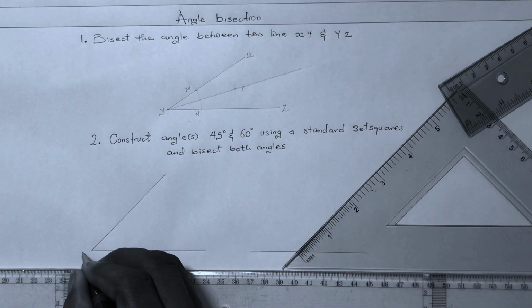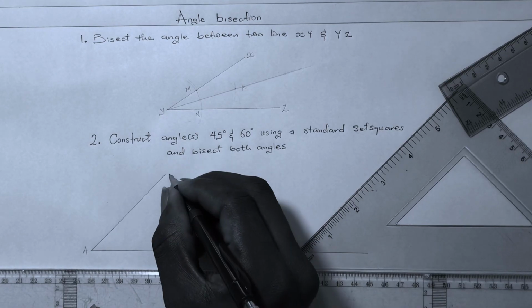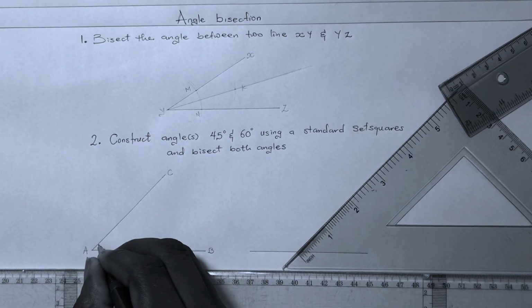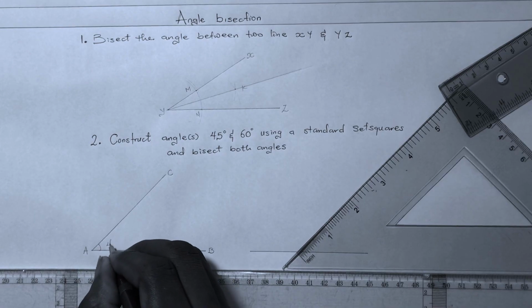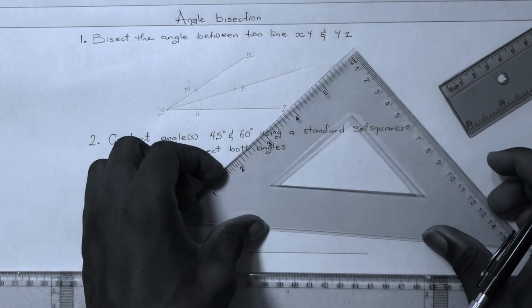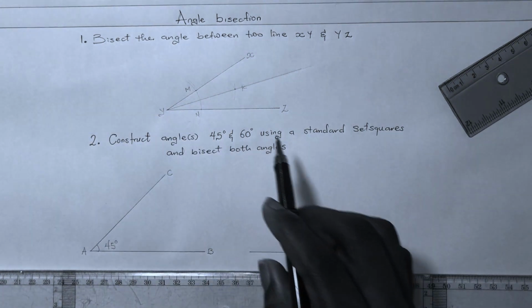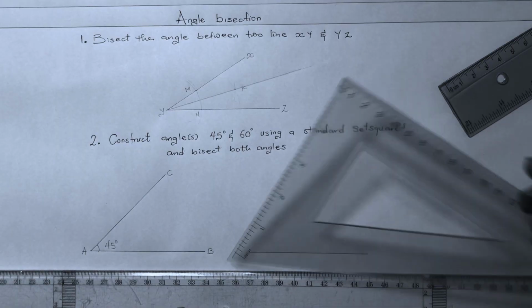So we have this to be point A, this to be point B, and this to be point C, with an angle of 45 degrees. And then the second question asks us to construct an angle of 60 degrees using our set scale.